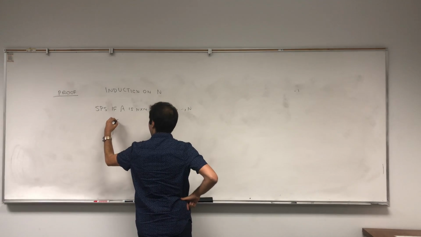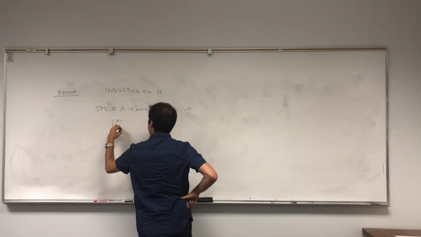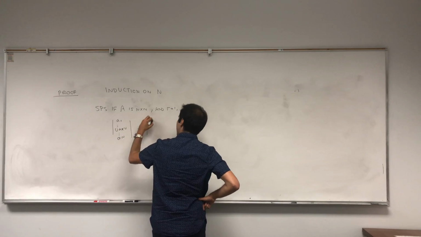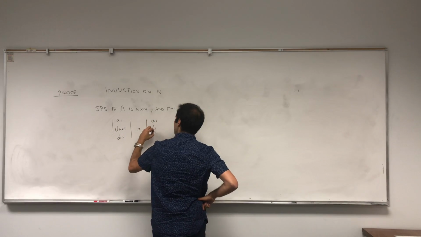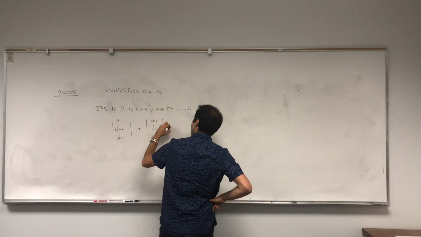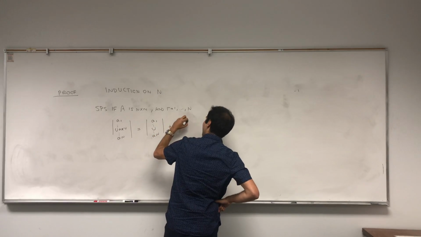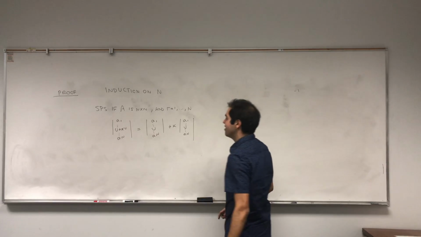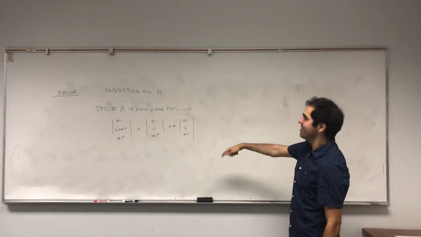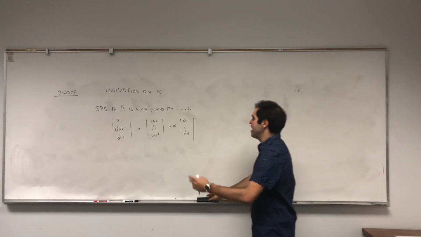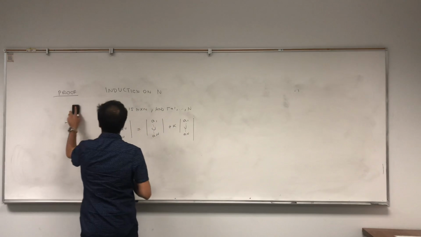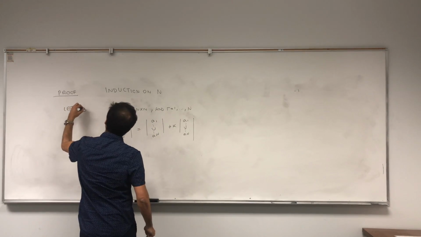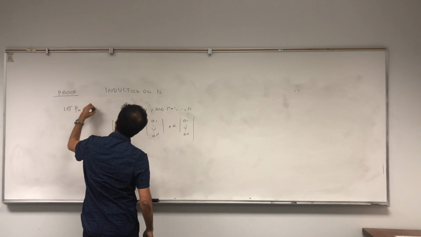You know, the determinant with rows a1, u plus kv, an is the determinant with rows a1, u, an plus k times the determinant with rows a1, v, an. Sorry, I mean, let P_n be this proposition.